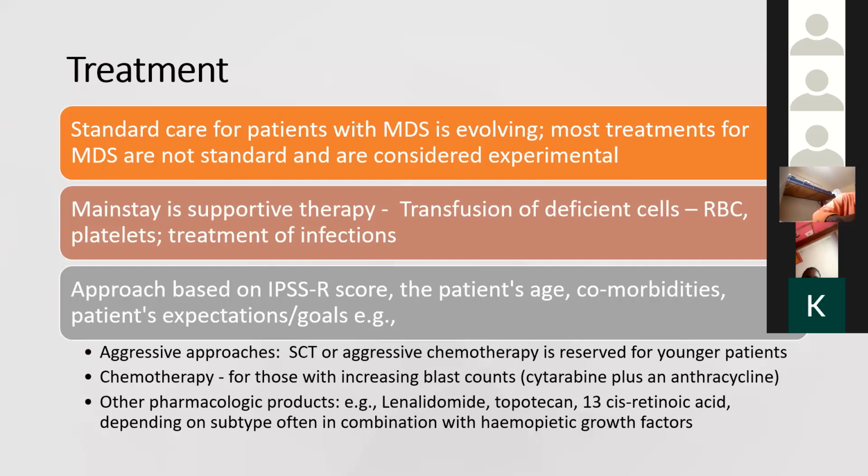The comorbidities, do they have renal? Do they have liver? Again, you know these patients are elderly. Many elderly patients tend to have other comorbidities like diabetes, etc. And therefore, that makes things harder. And then the patient's expectations.